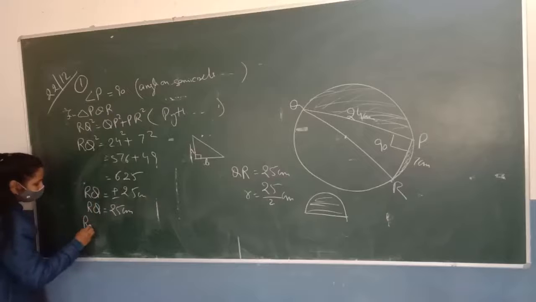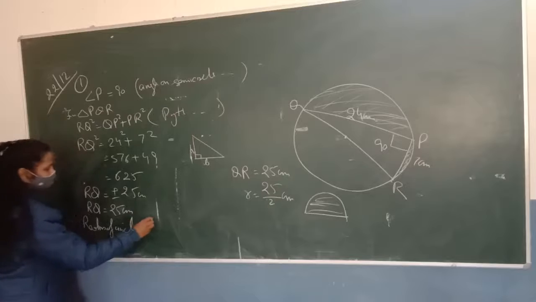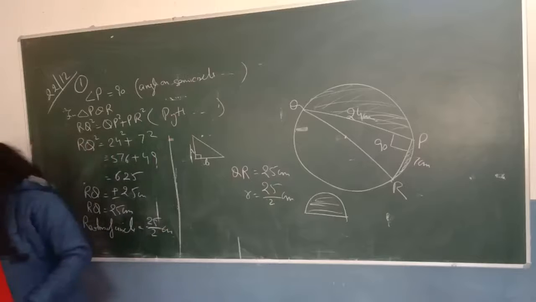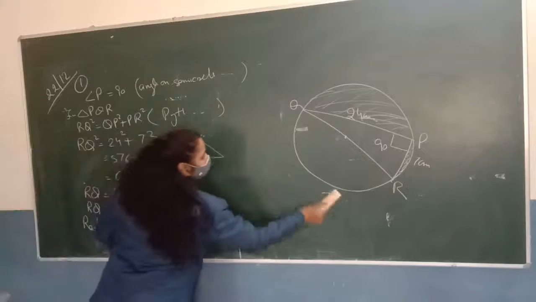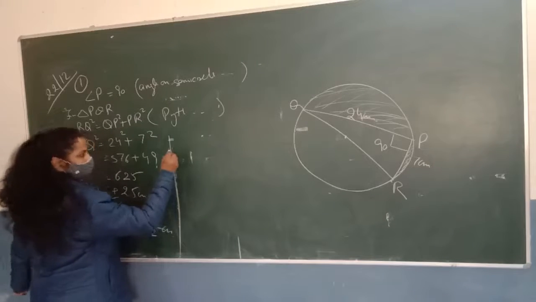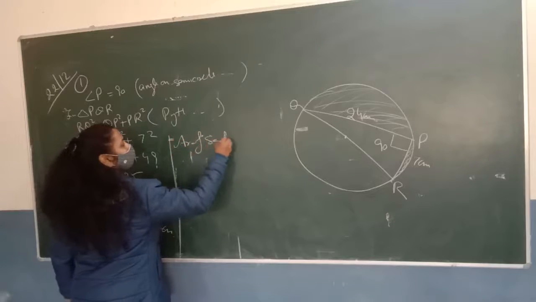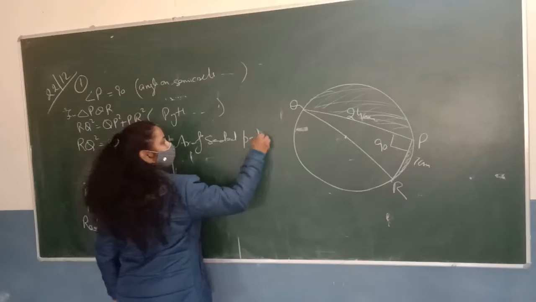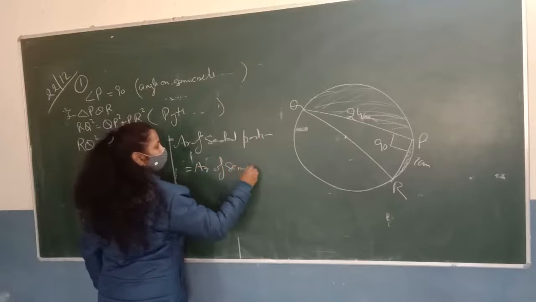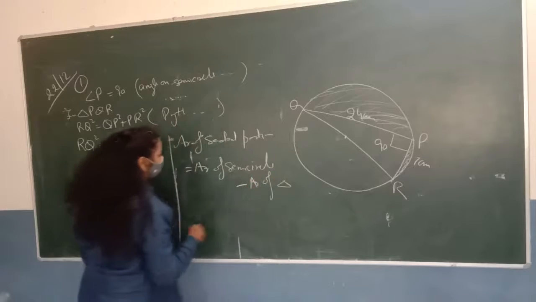And the radius of the circle is equal to how much? 25 upon 2 centimeter. Now the area of the shaded portion is equal to area of semicircle minus area of triangle.